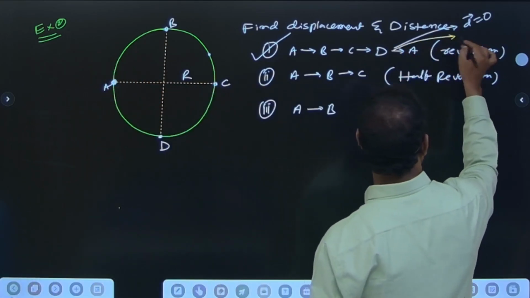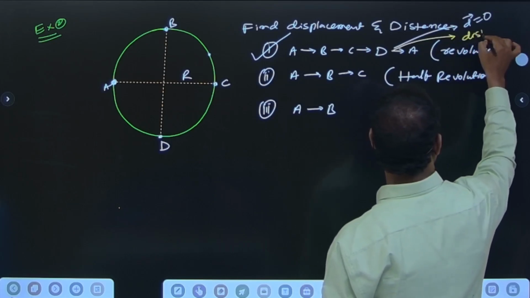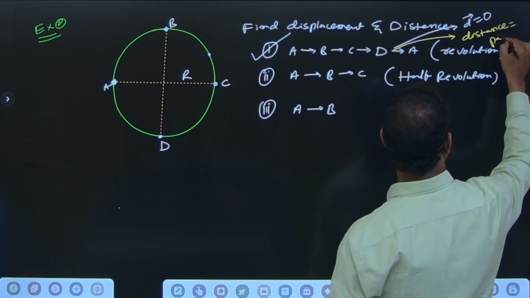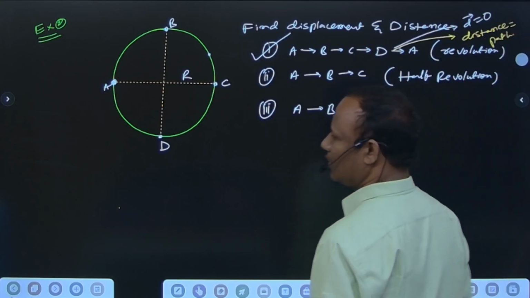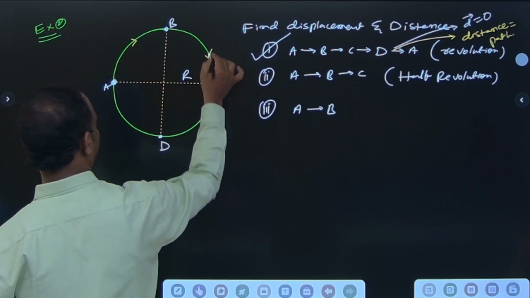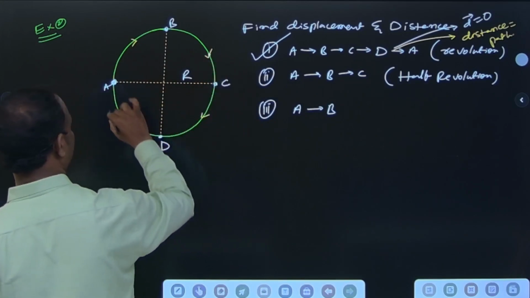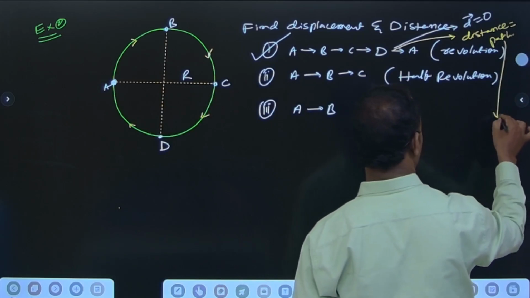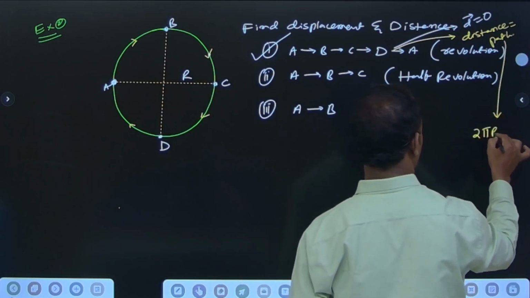What is the distance? Distance means path followed. What is the path followed? It is from A to B, B to C, C to D, D to A. What is the total circumference? Its circumference is 2 pi r.